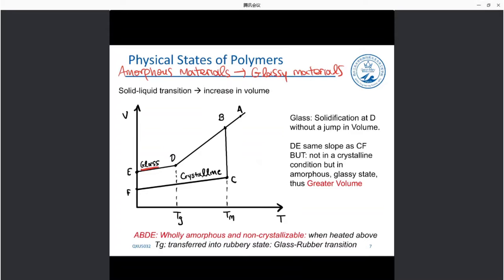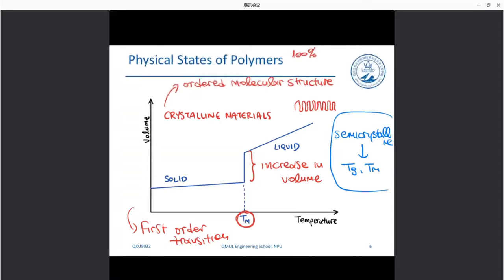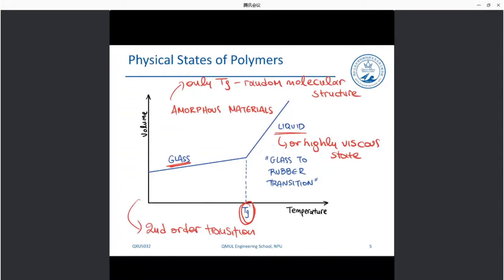So what is exactly here what we said earlier? For an amorphous material, we go in this direction and then, passing the glass transition, we have a change in the slope, okay? That is why we call it a second order transition, because we have just a change in slope.